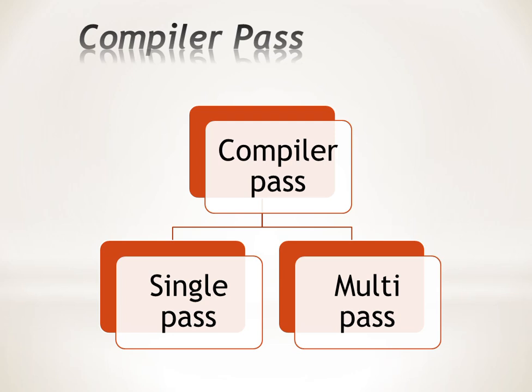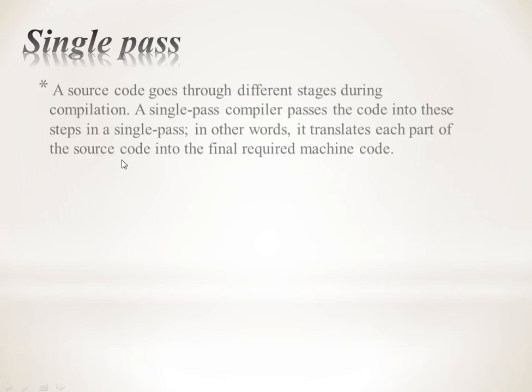So compiler pass particularly refers to the traversal of the compiler through the program. There are basically two types of compiler pass, that is single pass and multipass. Multipass is also called the two pass compiler. So let's see what is meant by single pass.